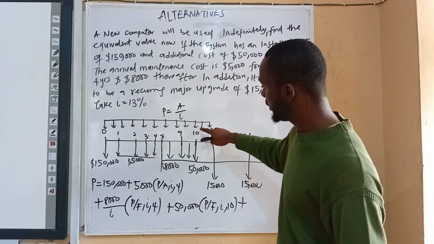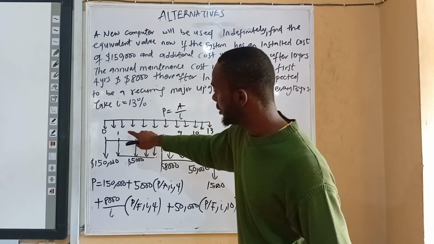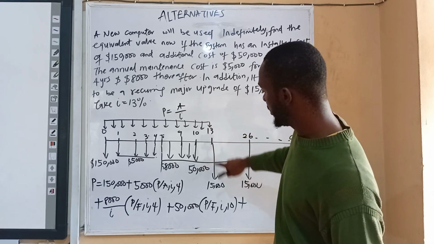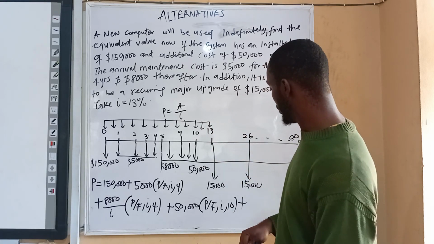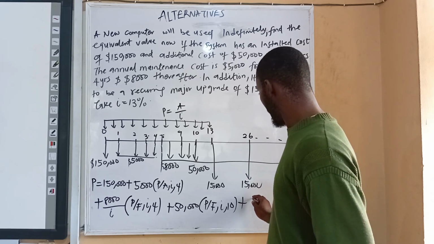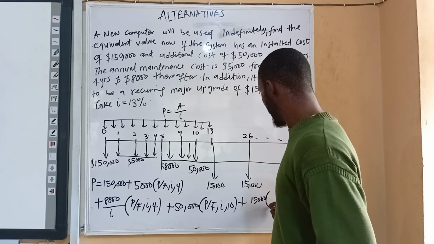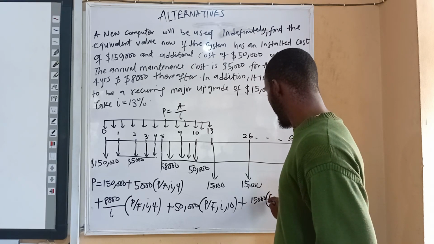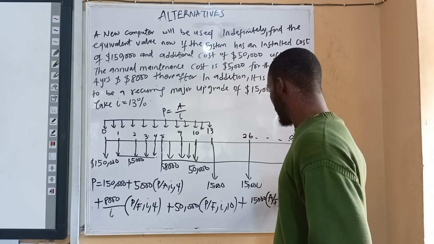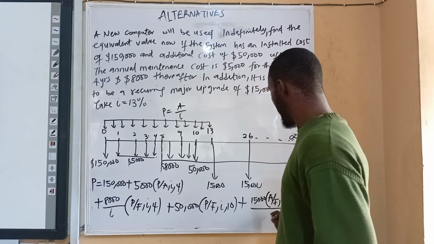We want to find that money that occurs every year. So we look for A given F. We want to find 15,000 bracket finding A given F for 13 years. Then we now say over i.